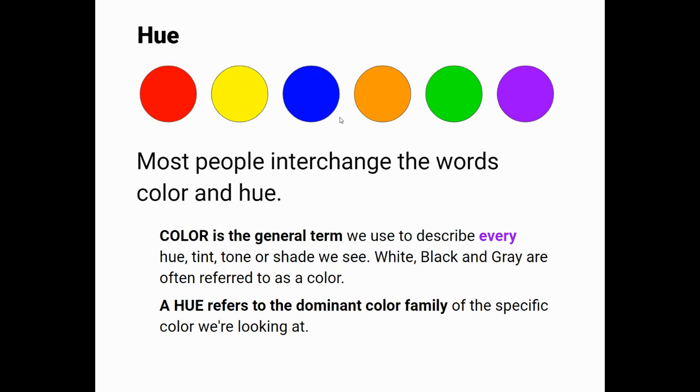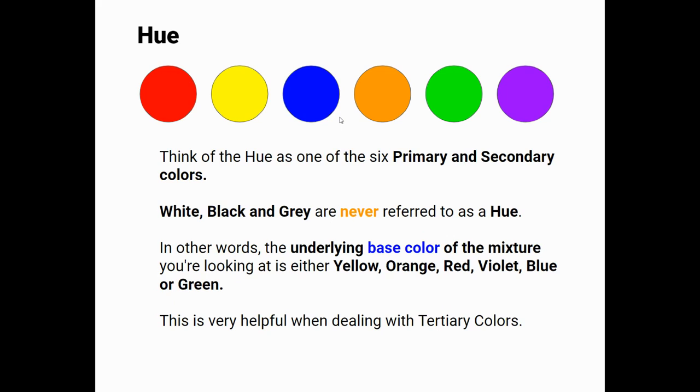Most people interchange the word color and hue. However, color is a general term we use to describe every hue, tint, tone, shade, and so on that we see. White and grays and blacks are often referred to as a color. A hue refers to the dominant color family of a specific color we're looking at.